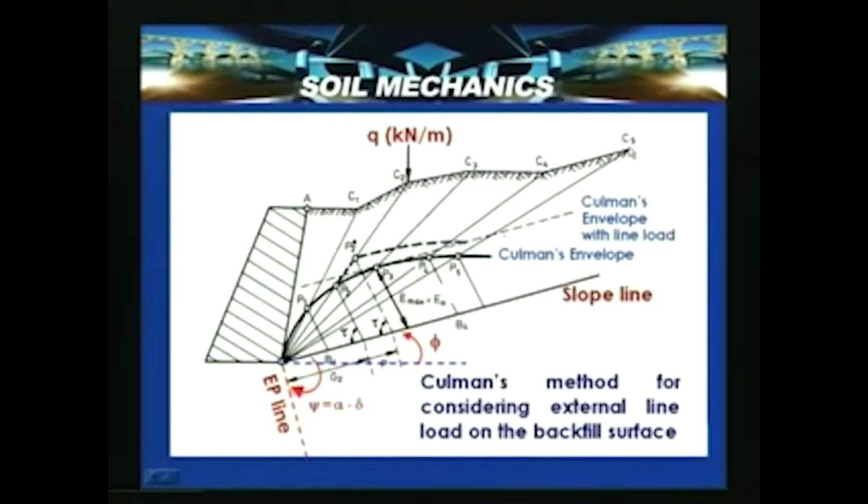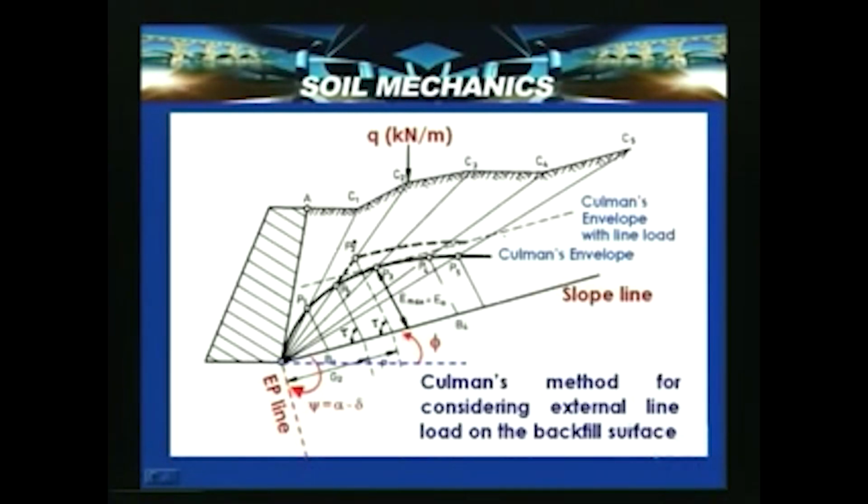Suppose AC1 is horizontal, C1C2 has a certain slope, C2C3 has a certain slope. The only difference is that here there is a line load or a boundary wall which exerts a load. So in a similar procedure, draw the slope line with that phi and draw the pressure line.